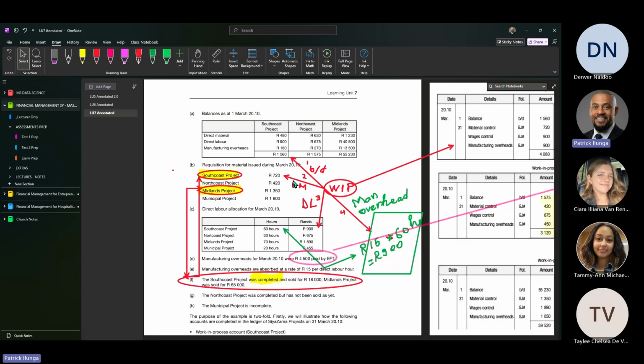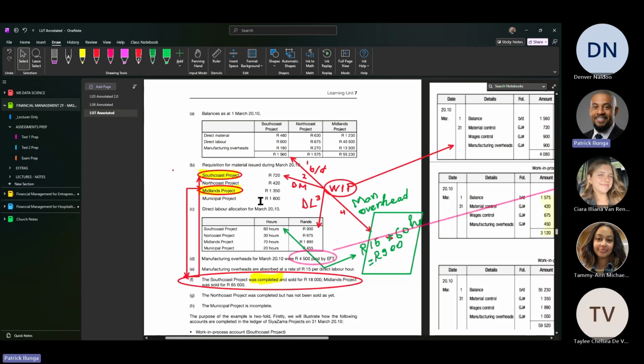But what happened in March itself? We understand that the balance came from the previous month of February, but was not completed. But it needs to be completed in March, before the end of March, isn't it? But this municipal project is a new one, isn't it? So meaning that it is a project that is starting in March.